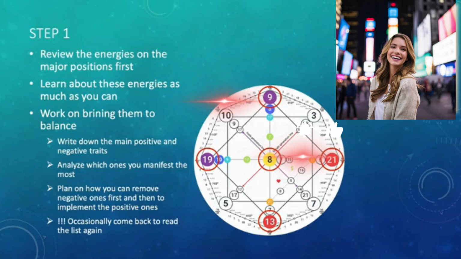The other 2 numbers that are located in red circles are energies that are our potential. And usually we tend not to admit or accept that this is part of us. So the person with 21st energy has a potential to expand. For example, if they are providing services or doing business, they can expand onto the global level, maybe through the internet, or they may not accept the idea that they have a potential of being a peacemaker.